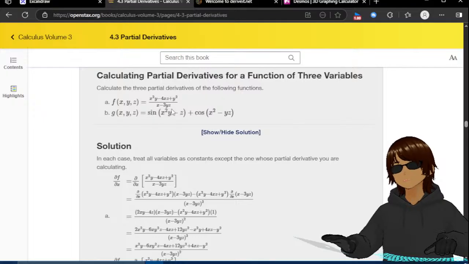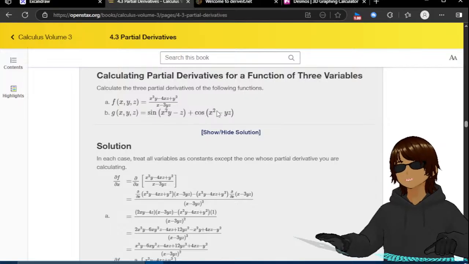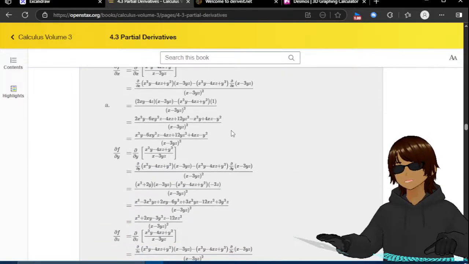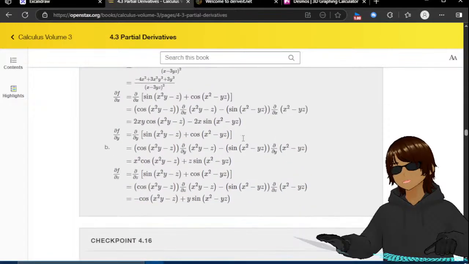Let's do part b just for x. For this one, it would be the derivative of the outside, so cos of x squared y minus z, and then the derivative of the inside, which will be 2xy. Then over here, it would be minus sine of x squared minus yz, and then the derivative of the inside would be 2x.